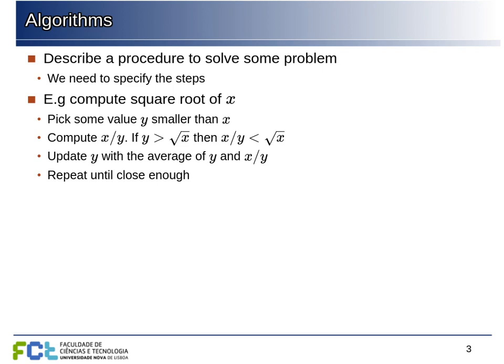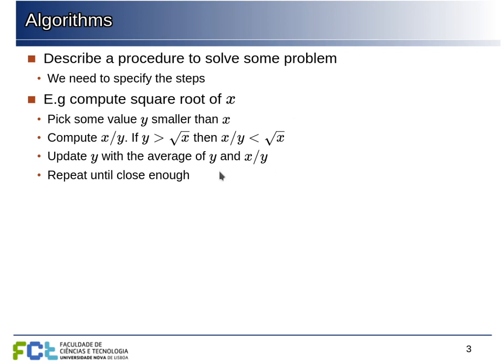So in this way, regardless of our initial guess y, between y and x divided by y, we must have the square root of x. Because if this is larger, then the other one is smaller than the square root, and vice versa. If y is smaller than the square root of x, then x divided by y is larger than the square root of x.